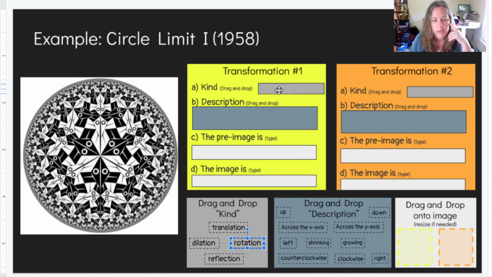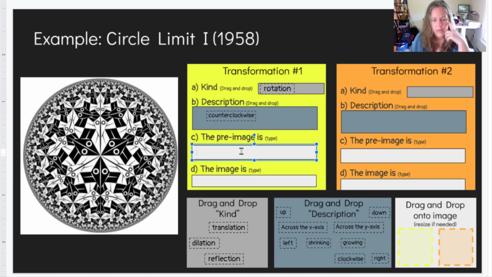There are many different types of rotation here, and we're going to go counterclockwise, so I'm going to grab the description, counterclockwise. Then to describe the pre-image and the image, you need to type. The pre-image is going to be the large black bird in center left, and the image is going to be the large black bird in center bottom.